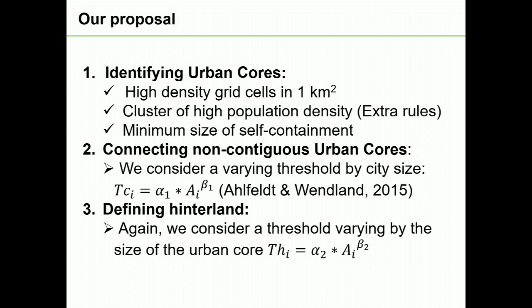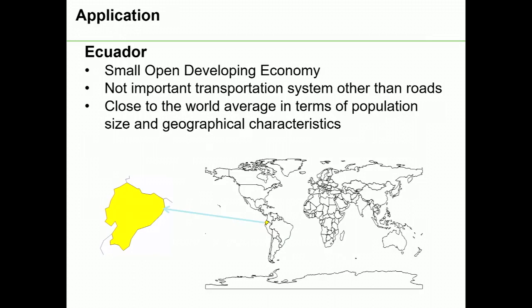Of course, this is for defining the polycentricity and the hinterland, and we need data to do this. Our example is Ecuador. Ecuador is the perfect country in developing terms because it's in the middle of the world, it's in the Ecuador.